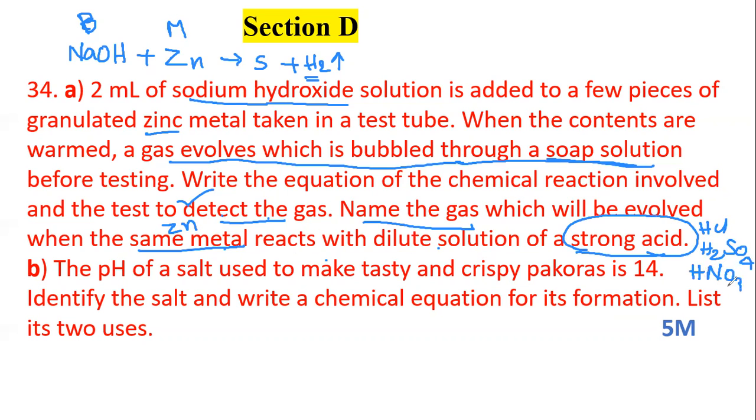You can take whatever you want, one strong acid, in a dilute case, so more water should be there. And when this same metal reacts with the acid, the gas which will evolve, that we also have to mention. Have you understood the question? We'll move to the answer.